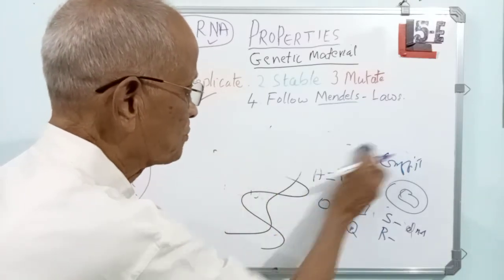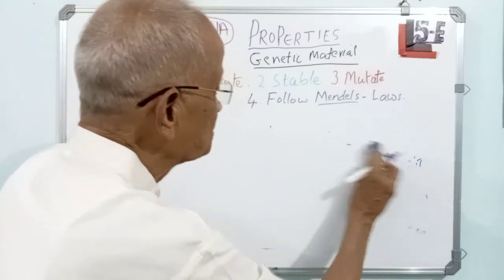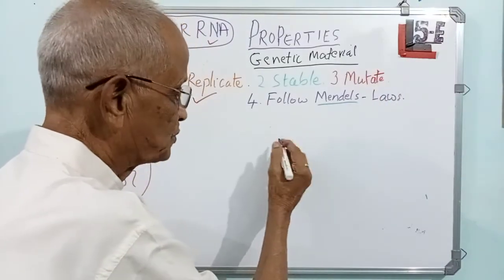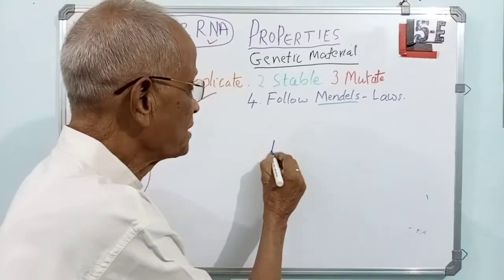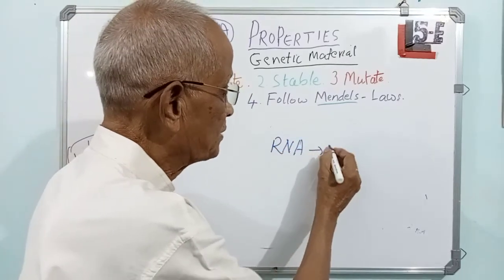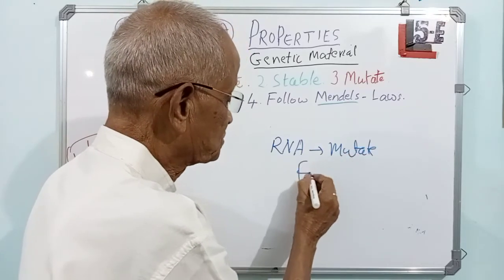So that is the second property the DNA molecule has. It is always stable. And the third one, mutate. As we said earlier also, the RNA molecule is highly reactive, and this can mutate quickly, very fast.